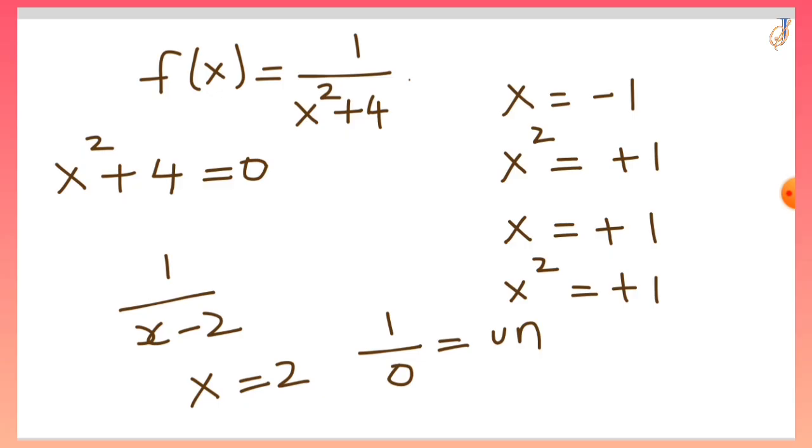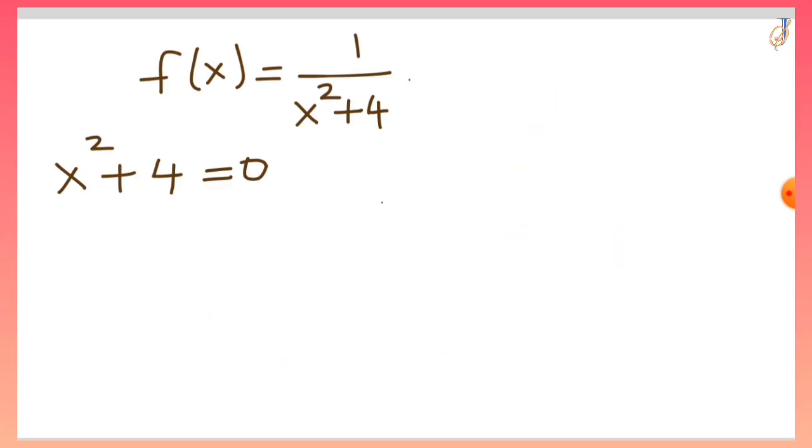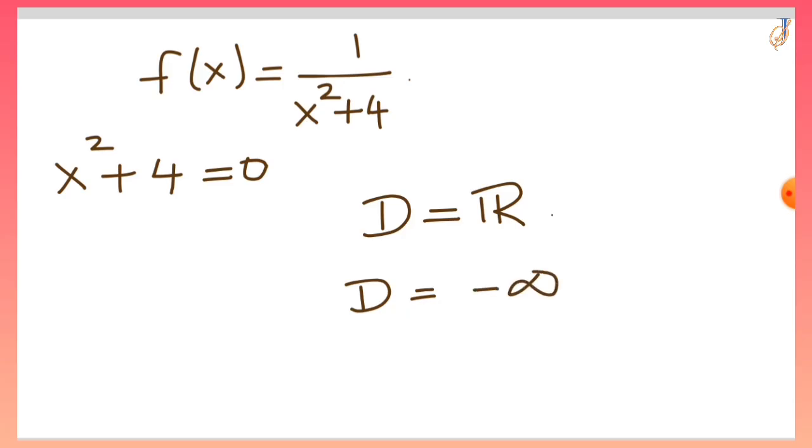So in this particular case, the domain is all real numbers. Another way we can represent this in interval notation is minus infinity to plus infinity. This is the domain of this function. This is the special case.